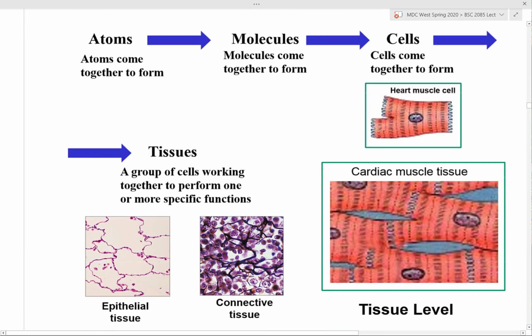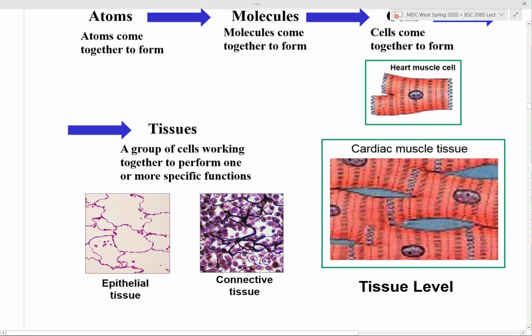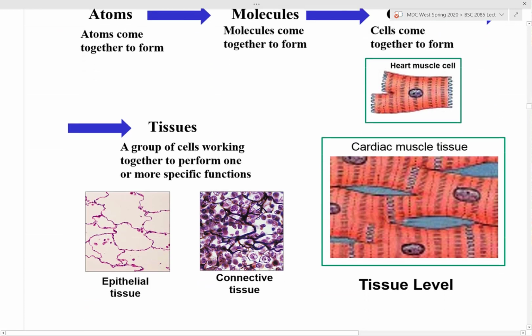And then of course we have the organs made of cells, right? And then we have tissue. So what is an example of tissues? We talked about connective tissue. We also have epithelial tissue, like your lungs, which is simple squamous epithelium. We're going to talk about that later.